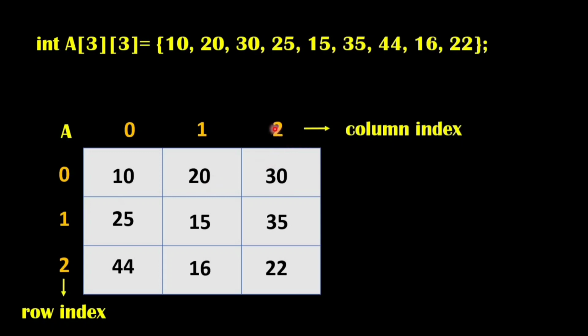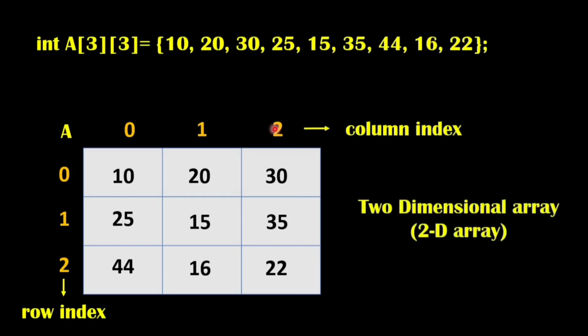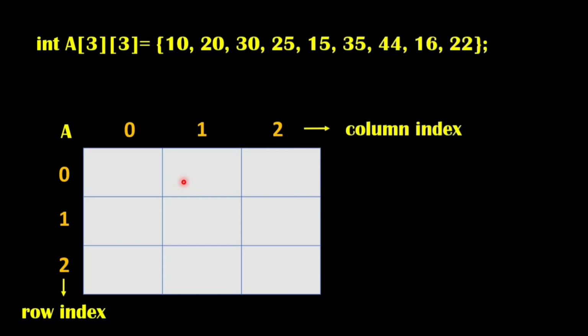To access an element, if you have to use 2 indices, such type of array is called as two-dimensional array, 2D array. To access each and every element of the array, you have to use 2 indices, row index as well as column index. So we can say that the first element is stored at a of 0, 0, then a of 0, 1, a of 0, 2.